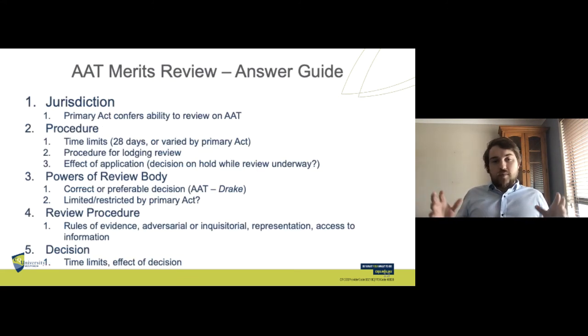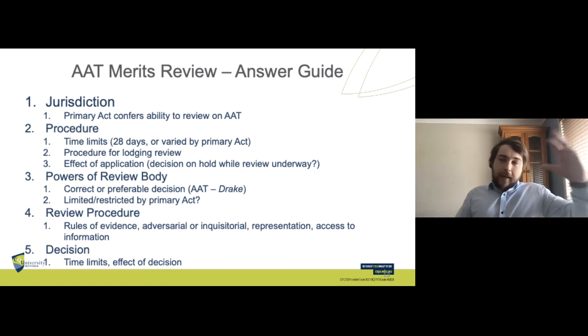So to consolidate all these ideas, to think about how you might talk about merits review in an answer, for example, your written assessment, the first thing that you're wanting to do is identify the jurisdiction. So the primary act conferring the AAT the ability to review a decision.